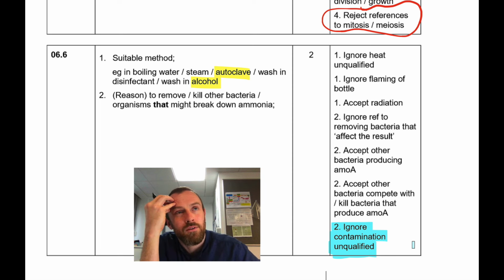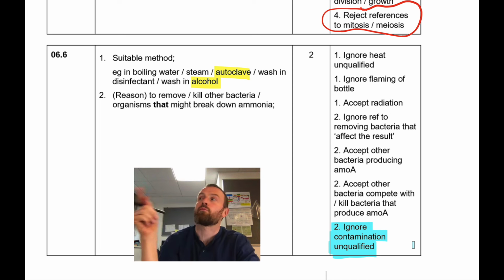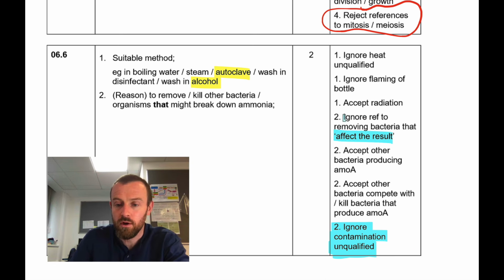It's because if you're trying to quantify the rate of breakdown of ammonia, you don't know what the other bacteria are going to do. Are they also going to break down ammonia? They might even make ammonia. You have to really articulate how it would affect the results. So you don't get this mark for ignoring reference to bacteria that would affect the result. You have to say how.